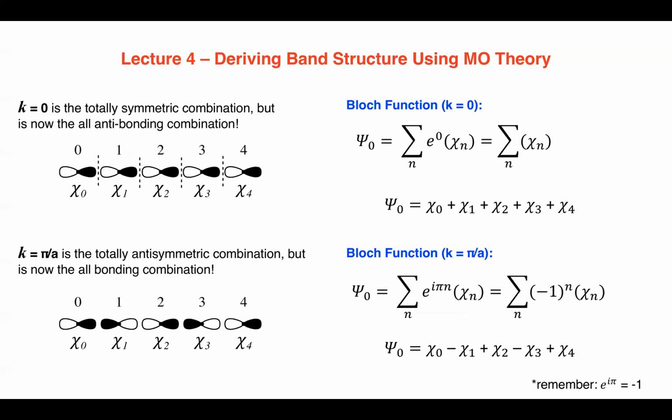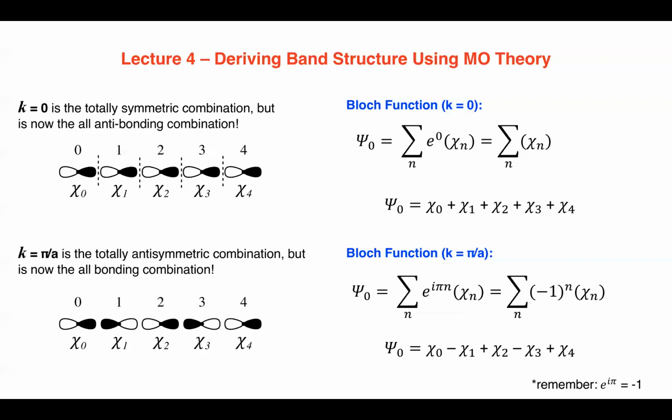But now if you use the Bloch function to generate k equals pi over a, you get the same thing that you got for hydrogen 1s orbitals. As you go from 0 to 1 to 2 to 3 to 4, the sign of the orbital changes from plus to minus to plus to minus to plus. So now, as we change the sign here, this is the plus orbital function.